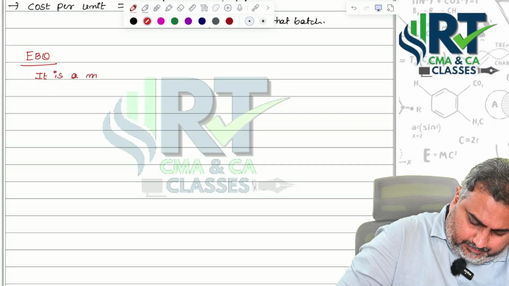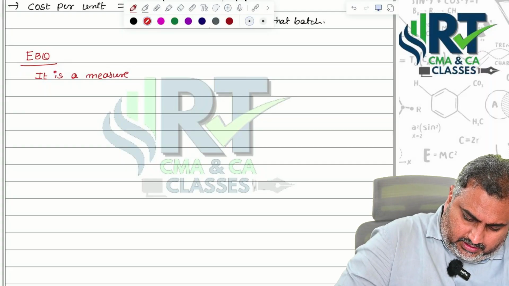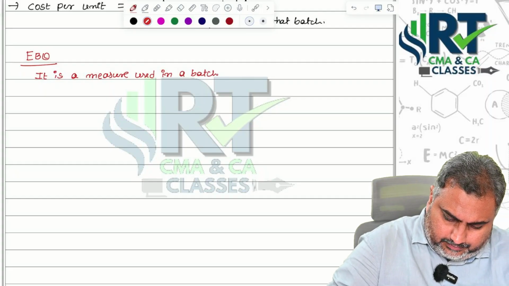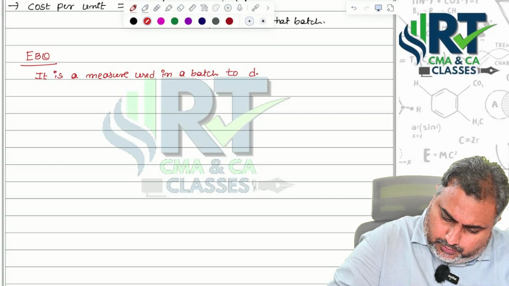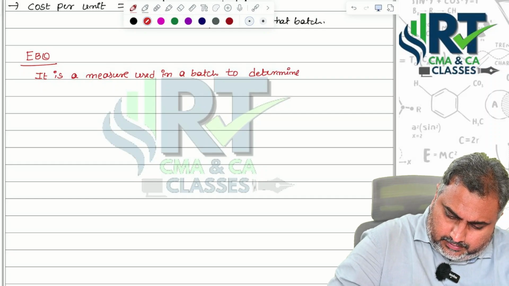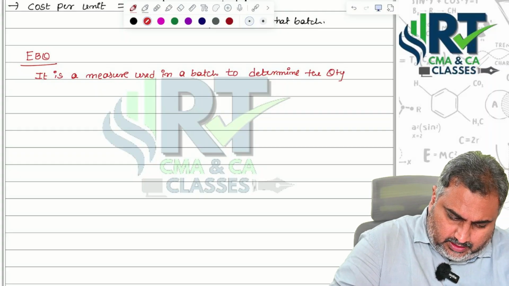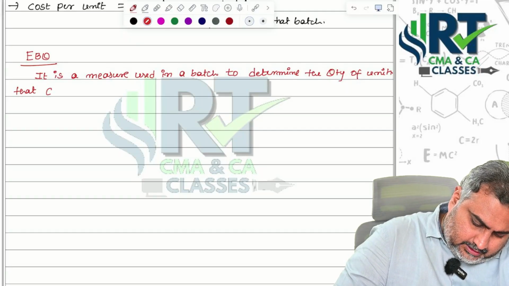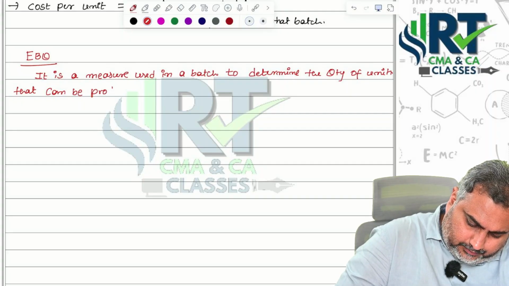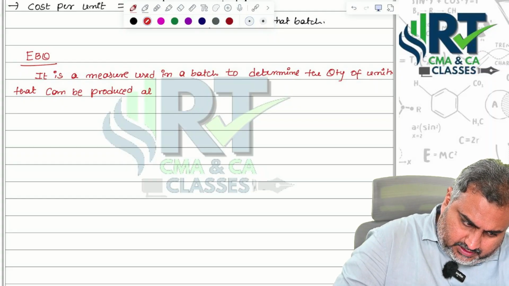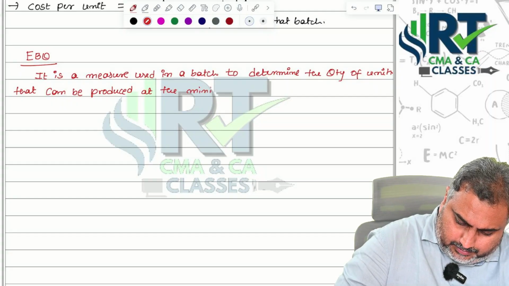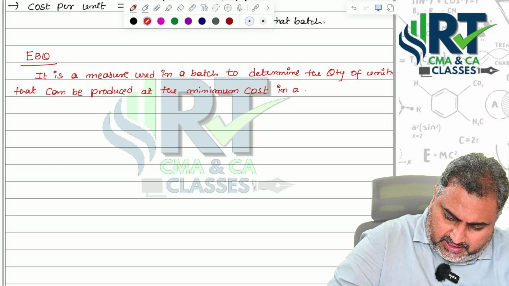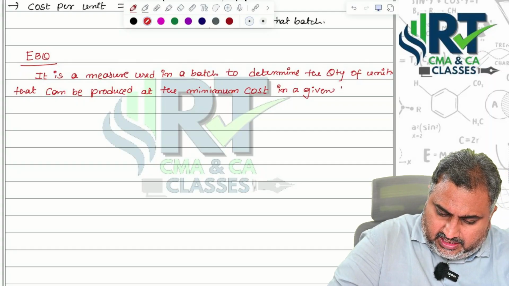It is a measure used in a batch to determine the quantity of units that can be produced at the minimum cost in a given batch.